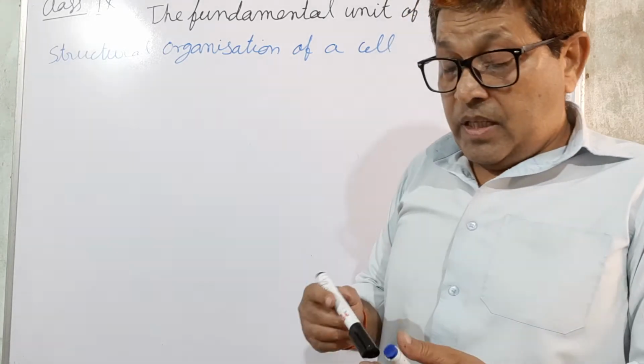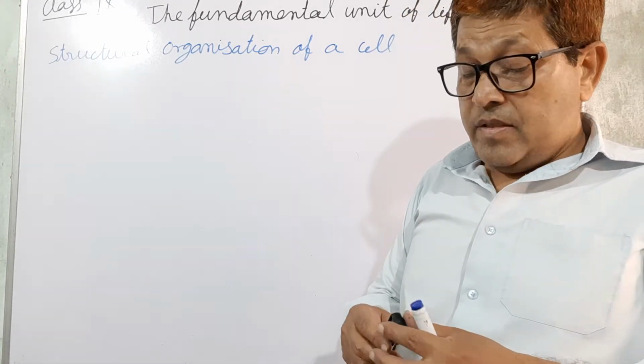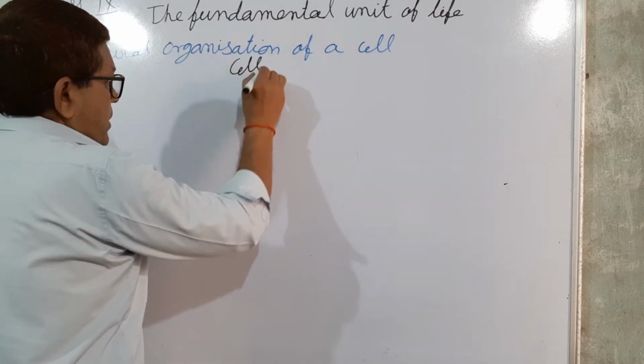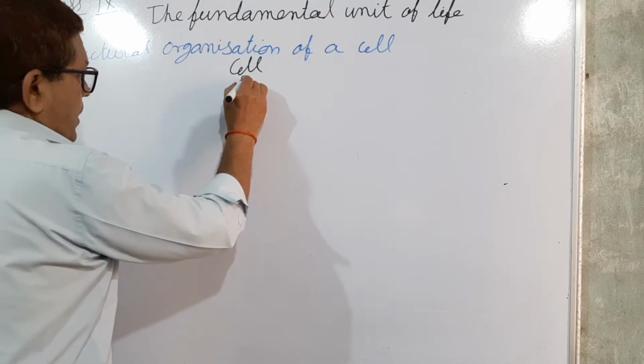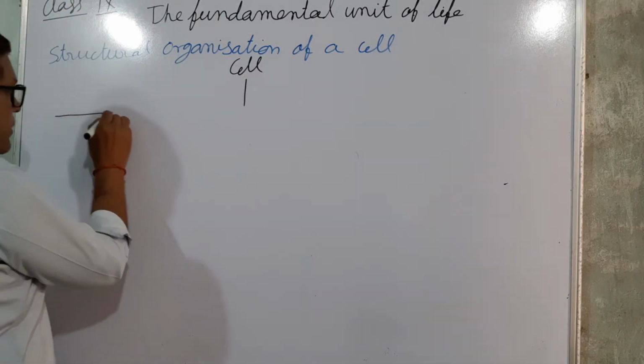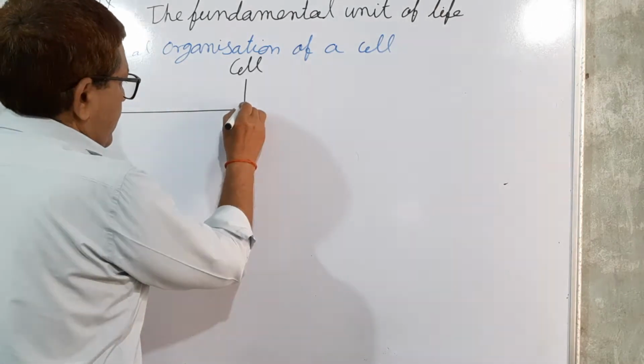Basically, a cell consists of mainly three parts. Suppose this is a cell. A cell consists of three parts.